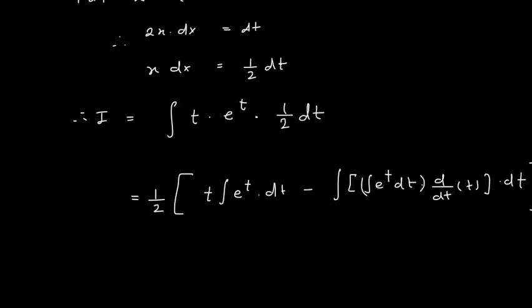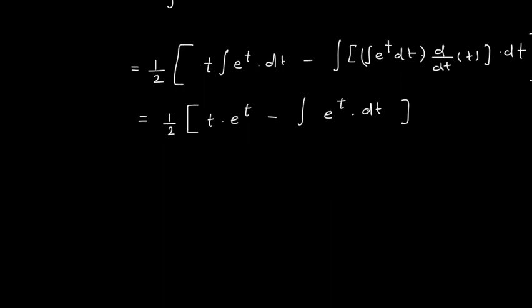Okay, so the u into v formula I have written, and I have 1 by 2 out of the bracket. So it is 1 divided by 2. Now it is t into integration of e power t, which is e power t only, minus integration of e power t, which is e power t only, and the derivative of t is 1, so it is e power t dt. Now you can open the bracket at this stage or you can keep this 1 by 2 out.